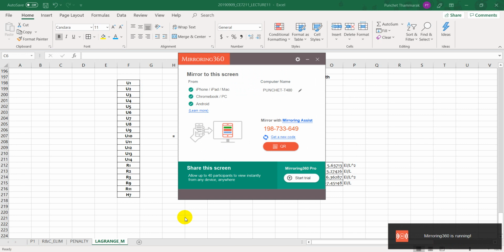So let me bring you to my iPad. Just a bit. Okay, I mirror the screen. Is it connecting to the internet? Or not connected to the internet or what?